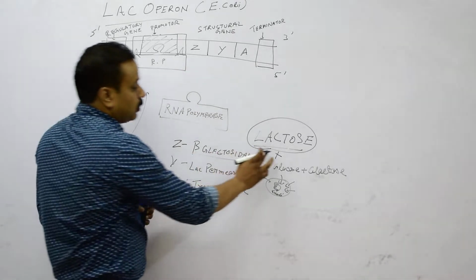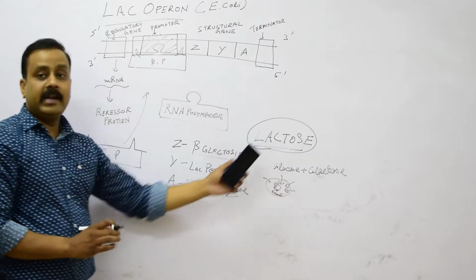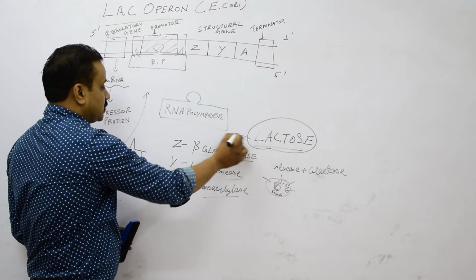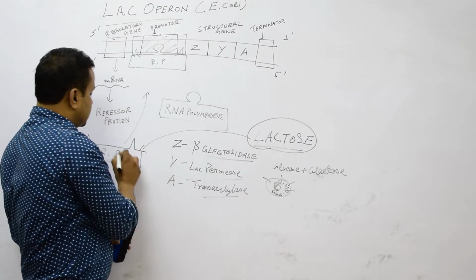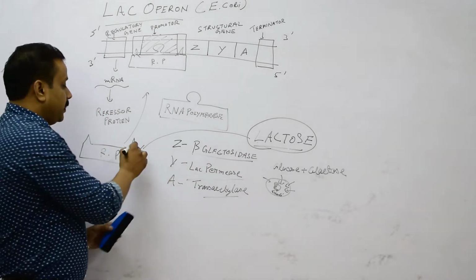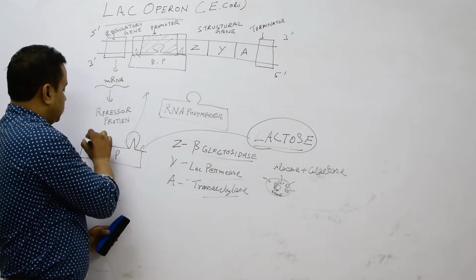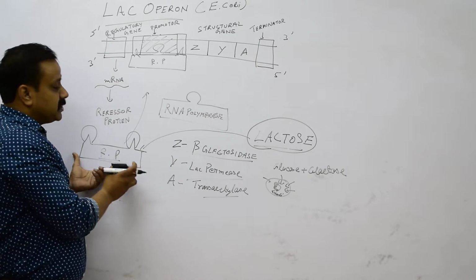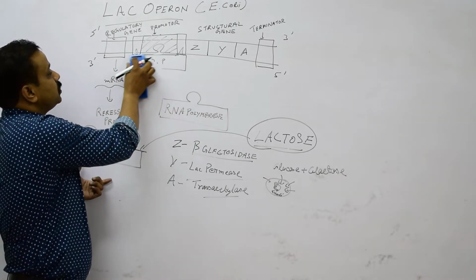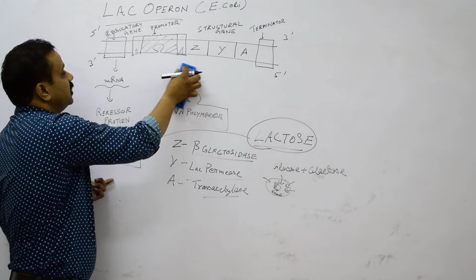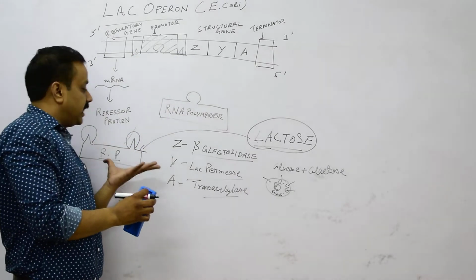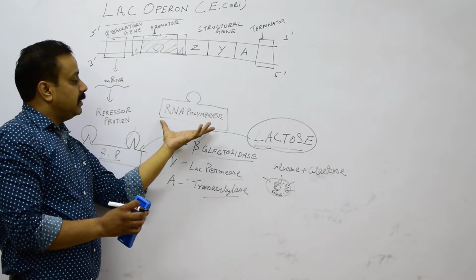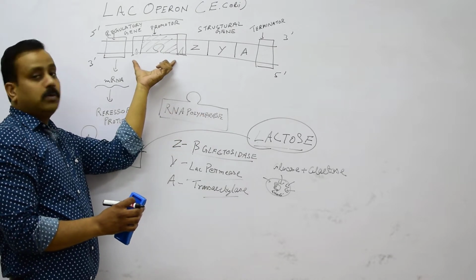But when lactose is present in the surroundings, this lactose will make certain changes in the repressor protein. Because of that, some changes occur in the repressor protein, and it cannot bind to the operator gene. When the repressor protein cannot bind to the operator gene, RNA polymerase gets its site to bind onto the promoter gene.